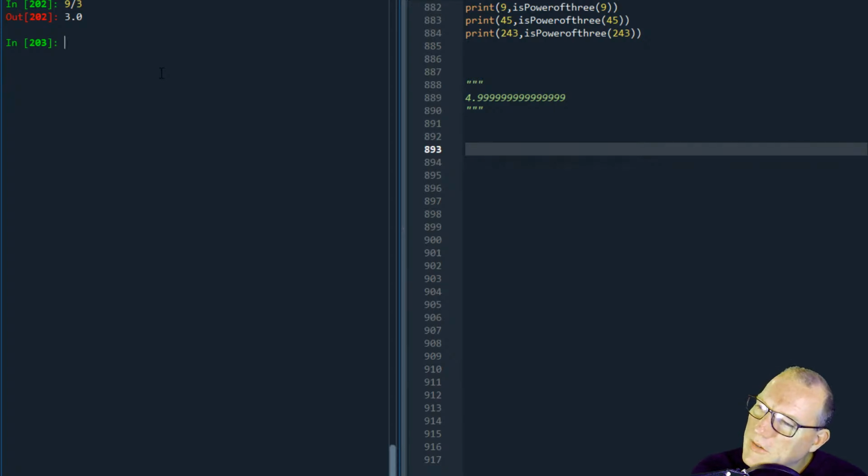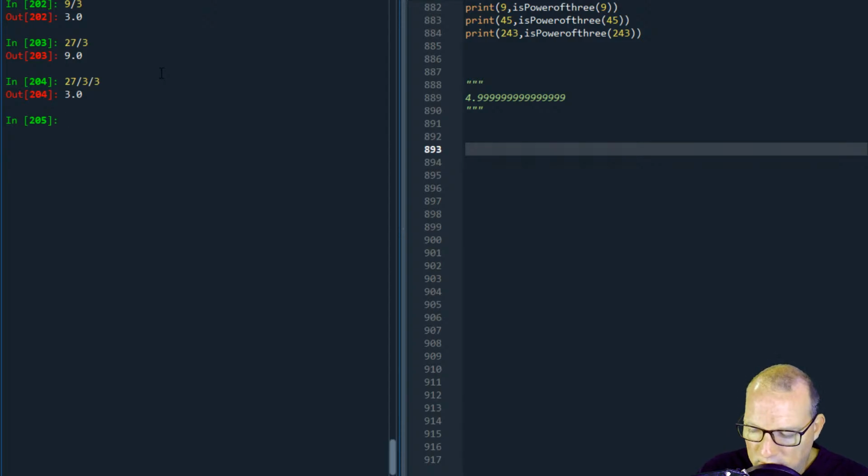If you can do 3, you can have a factor of 6, but it can only be divisible by 3. So 27 is only divisible by 3. Then we got to 81, divided by 3, divided by 3, divided by 3.